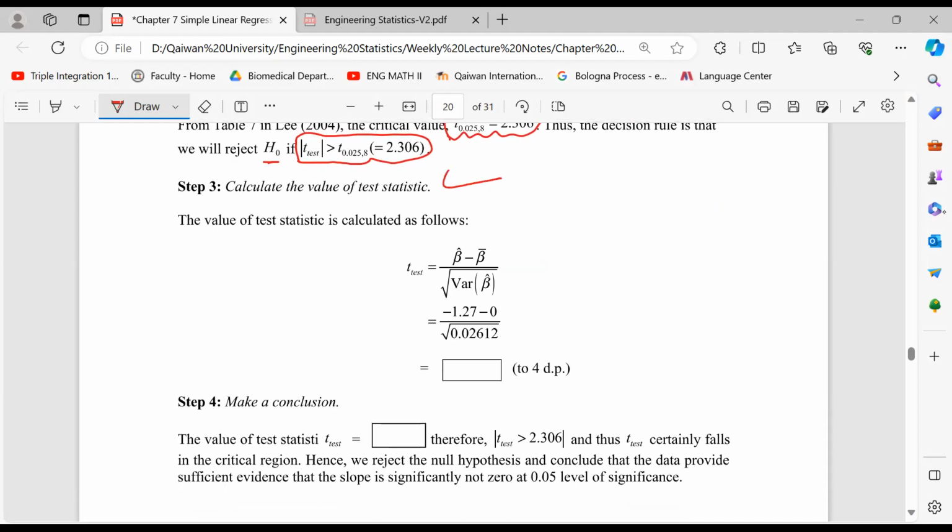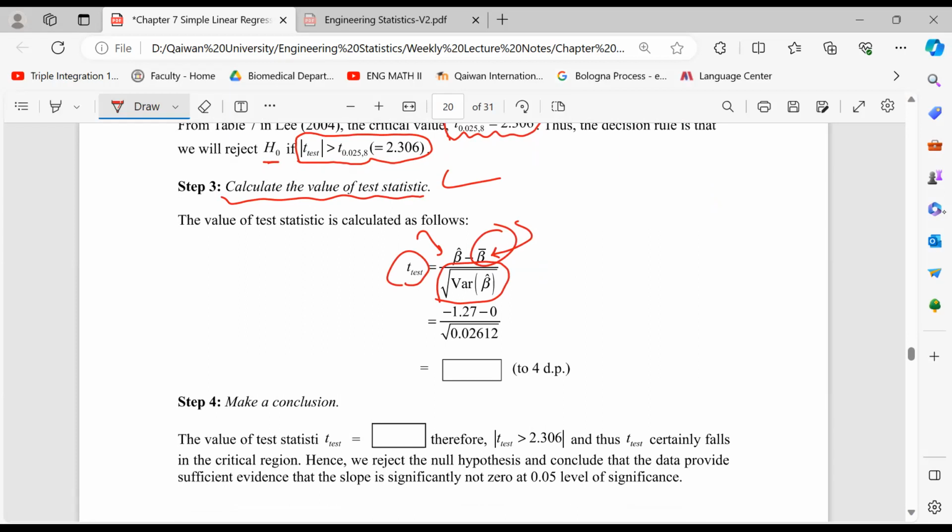Then in step 3, we calculate the value of the test statistic. What's the test statistic? It's beta hat minus beta bar divided by the standard error of beta hat. Or we could say it is beta hat over the square root of sigma squared over S sub xx. Here, beta bar is the value of beta which we have in the null hypothesis.